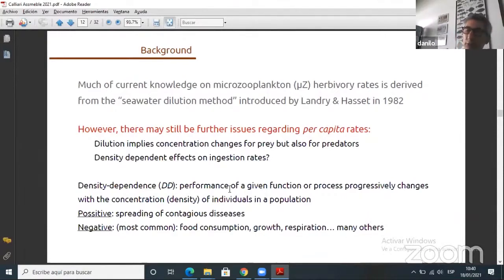The positive are those where the performance of the function increases or gets better with more density, and that's a typical case of, for instance, the spreading of contagious diseases. And then the negative effects, which are the most common, is when the function decreases its value with increasing density in the population.